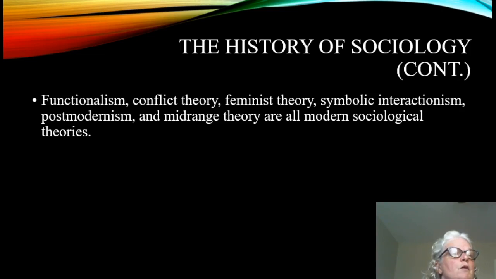We look at all of those theories, but as we're looking at sex and gender, we often go back to feminist theory. Now, feminist theory does not mean that we're looking strictly from the woman's side. It means that we look at the effect of gender, especially on the roles of society, and especially on how the structure of society comes into place.